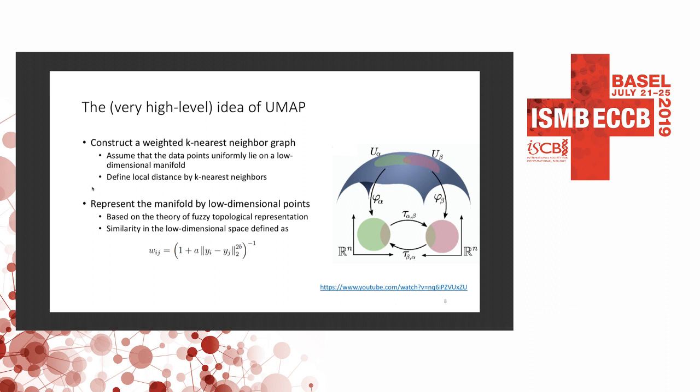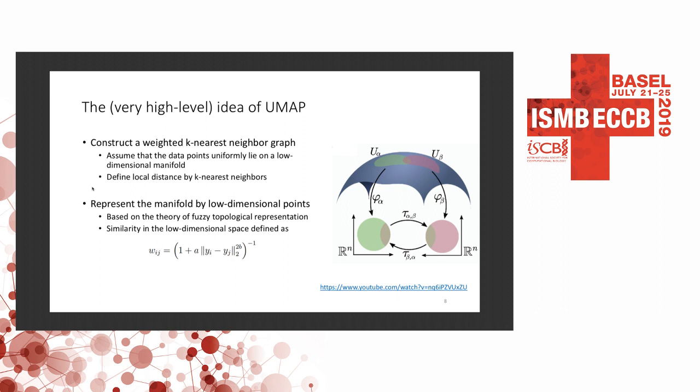So the idea is based on a complicated topological theory in mathematics, but I will just talk about the high-level ideas. The first step is it tries to find a manifold of the original high-dimensional space of the cells.